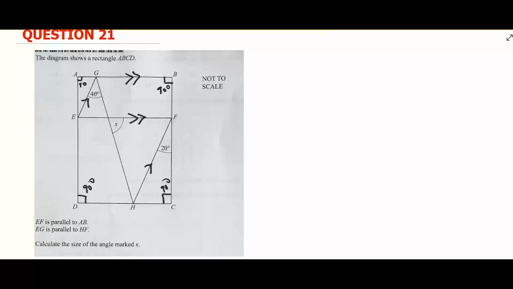So we want to find the value of X here. You need to take note of some things. Since AB and EF are parallel, and we already know that AB and CD are also parallel because opposite sides of a rectangle are parallel, that means CD will also be parallel to this. Now what we need to do is calculate the size of the angle marked. So if you look at this diagram, let me trace it here.